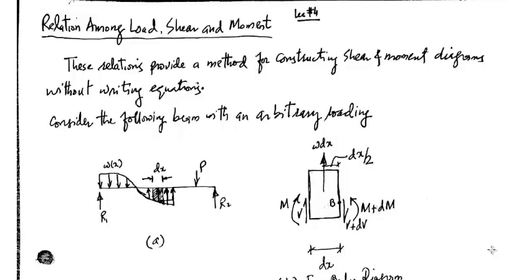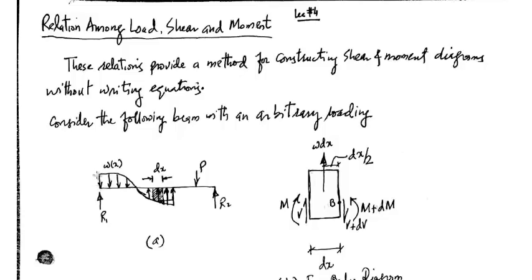So let's start with a small derivation of the relation among load, shear and moment. For this we will consider an imaginary or hypothetical beam, like a simply supported beam with some imaginary loading acting on it. We have an area load, and this area load is not a uniformly distributed load.